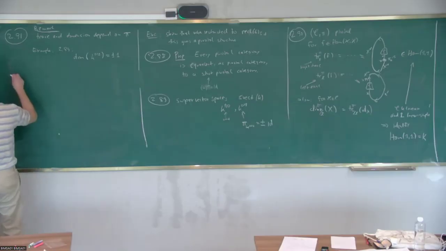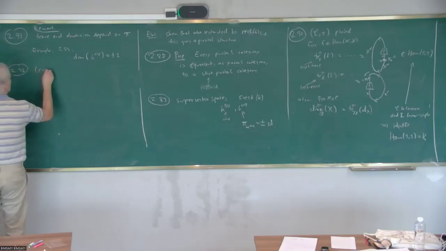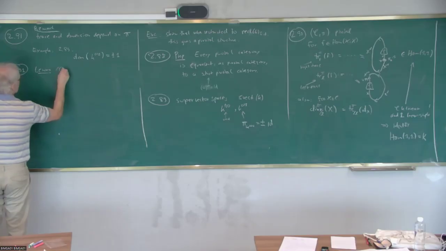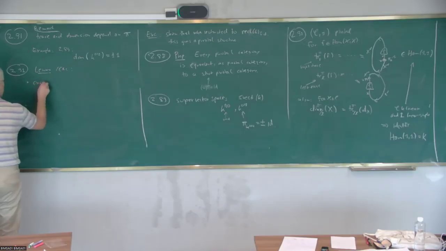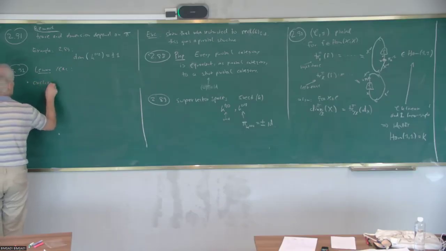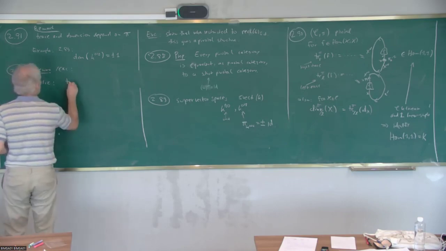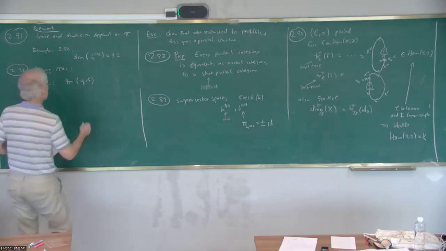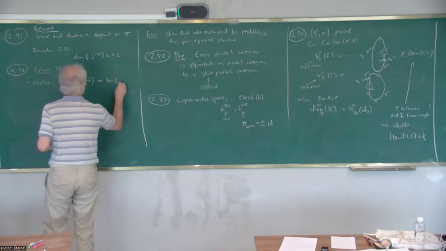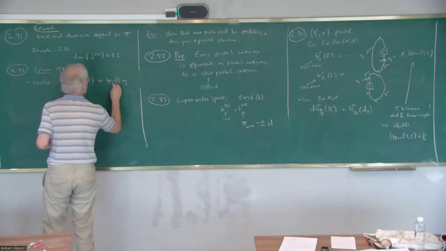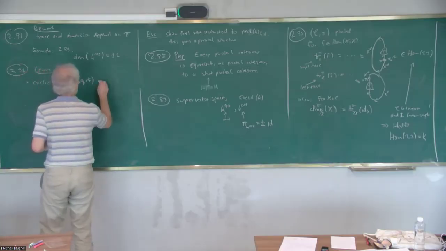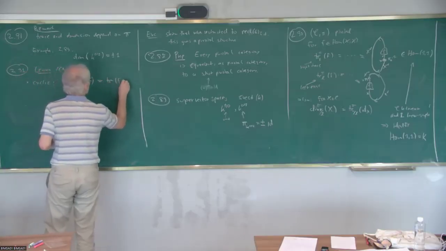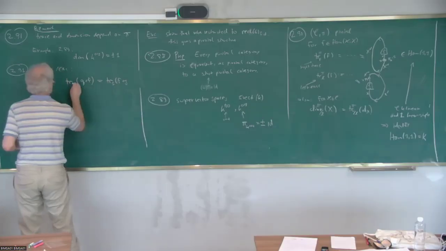Then some properties. Lemma or remark or exercise to prove is the following: traces are cyclic. So the trace of G after F, assume F and G are composable in both directions. So F, say, goes from X to Y and G from Y to X. And this is the same as the trace of F after G, both for the left and for the right trace.